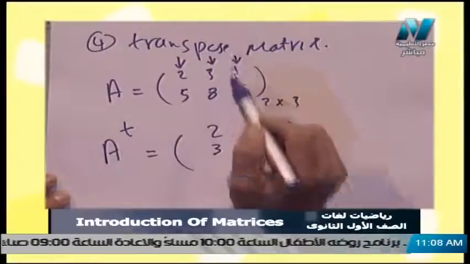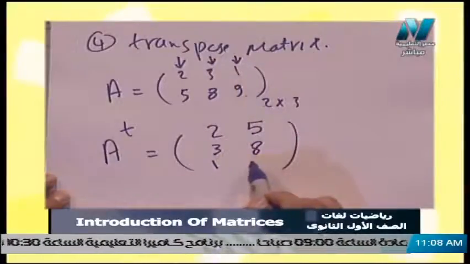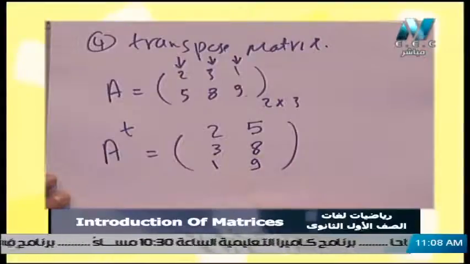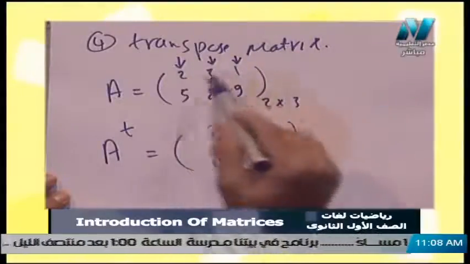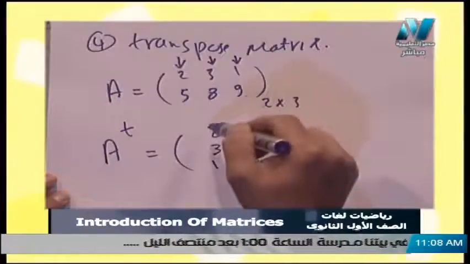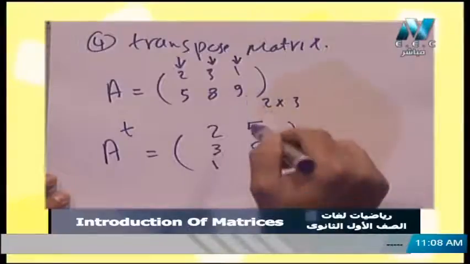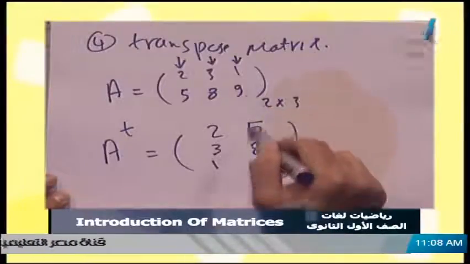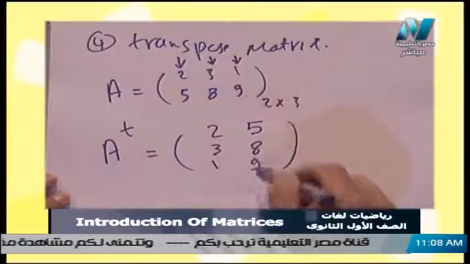This third column we write as the third row. Or we can say 2, 3, 1 is the first row, it becomes the first column. 5, 8, 9, the second row, becomes the second column.